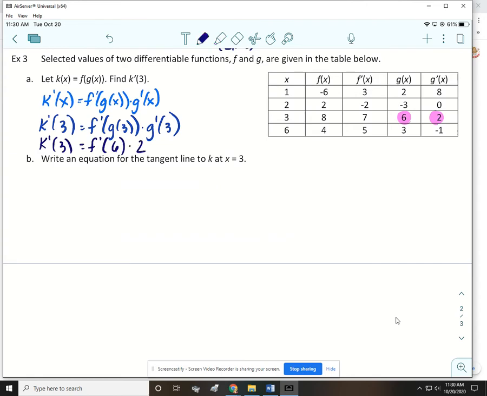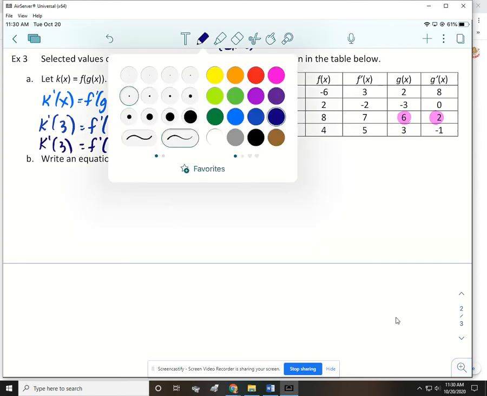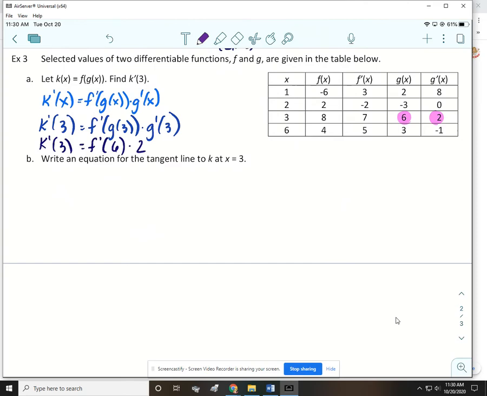All right, and then we need to find f prime of 6. So f prime of 6 is 5. So in the place of f prime of 6, we'll put 5. 5 times 2 is 10. Okay, so that's how you use the table.